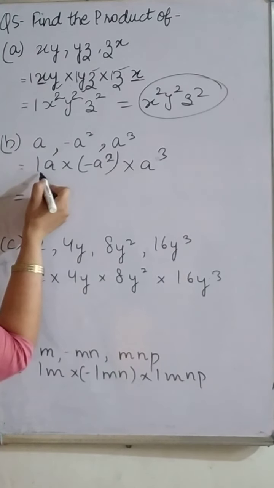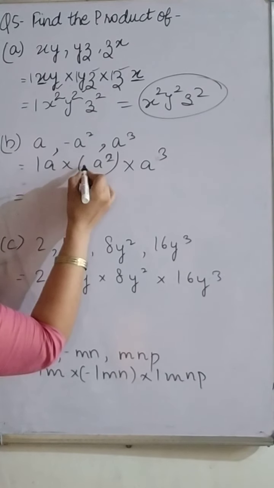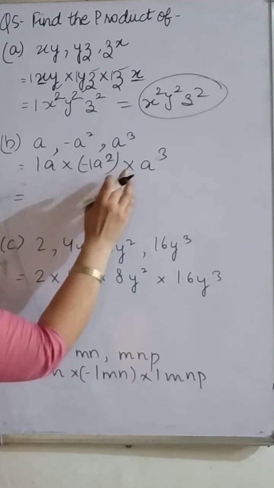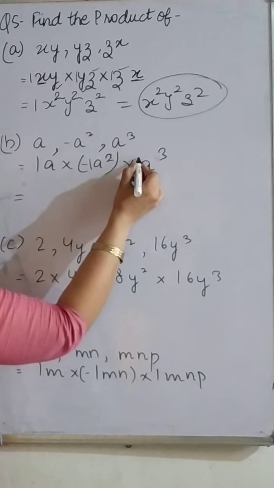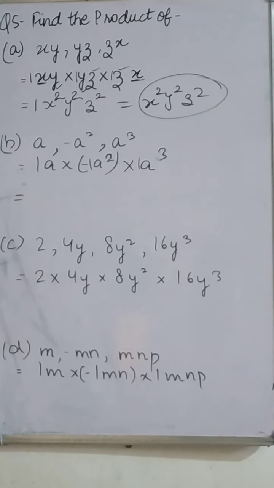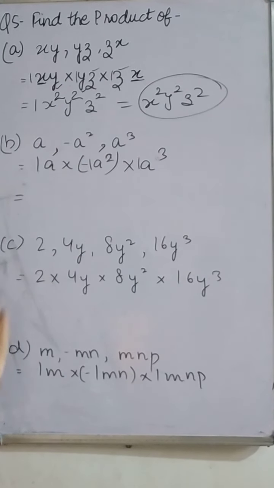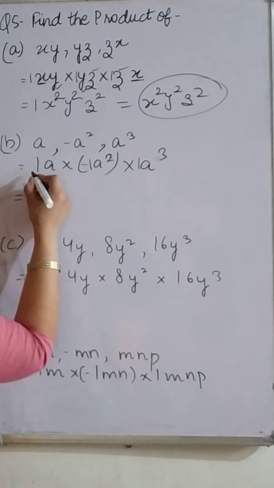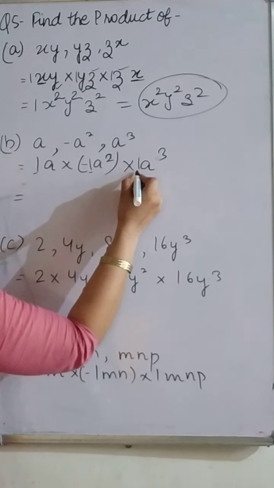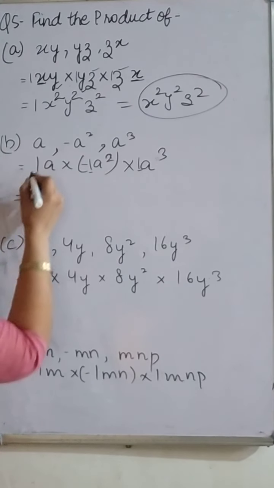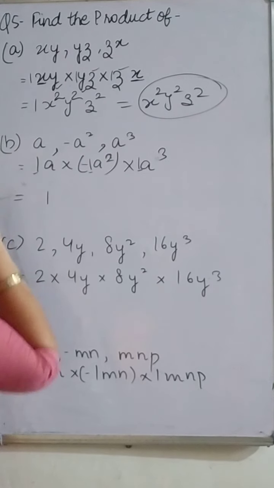What is the coefficient of a? 1. Coefficient of a square is minus 1. And coefficient of a cube is 1. I told you while we are writing coefficient we consider sign also. Here a square is given negative, so its coefficient is minus. Now multiply 1 ones are 1 and then again 1. 1 ones are 1, 1 ones are 1.